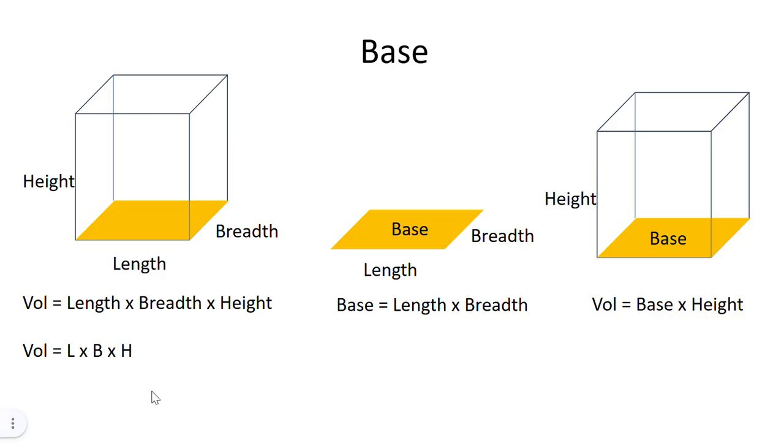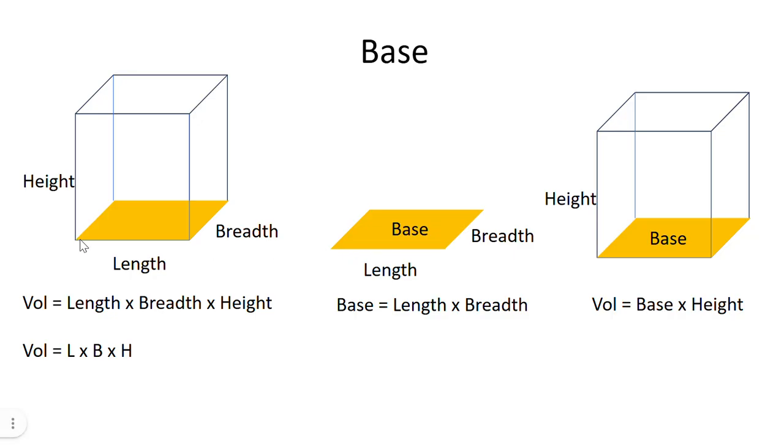Another important concept that your child needs to know is what is a base. Remember we say that the volume of an object is length times breadth times height, or L times B times H. Sometimes the question will say that it has a base of so many centimeters square. What does that mean?